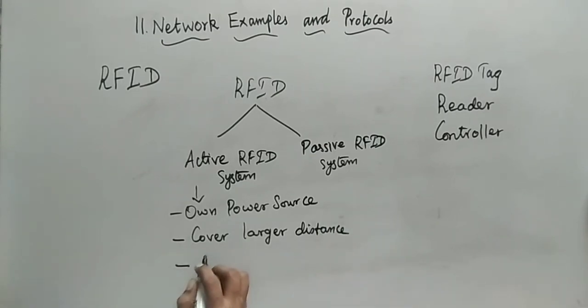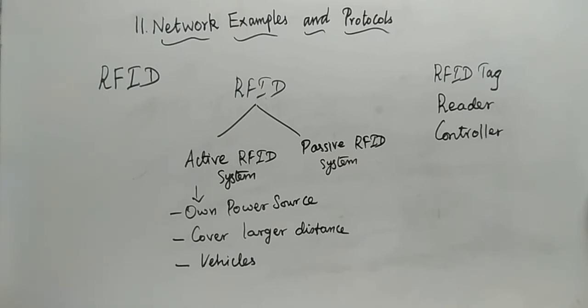It is used for high value goods. Simply to say, for vehicles you will be using an active RFID system. In the case of an active RFID system, it is able to produce its own power source, and by means of that it is able to cover larger distance. The objects it covers are high value objects like vehicles.